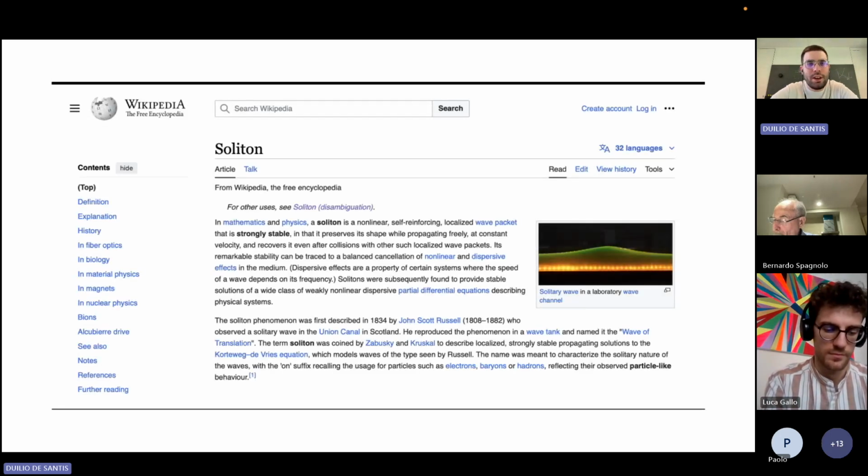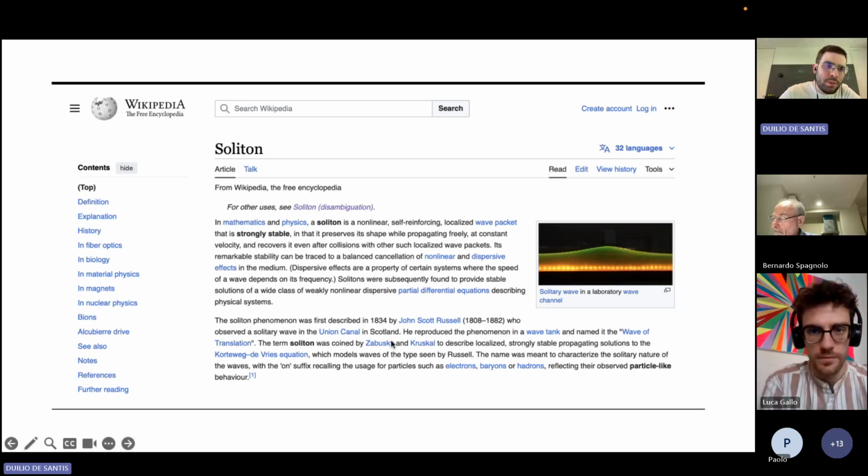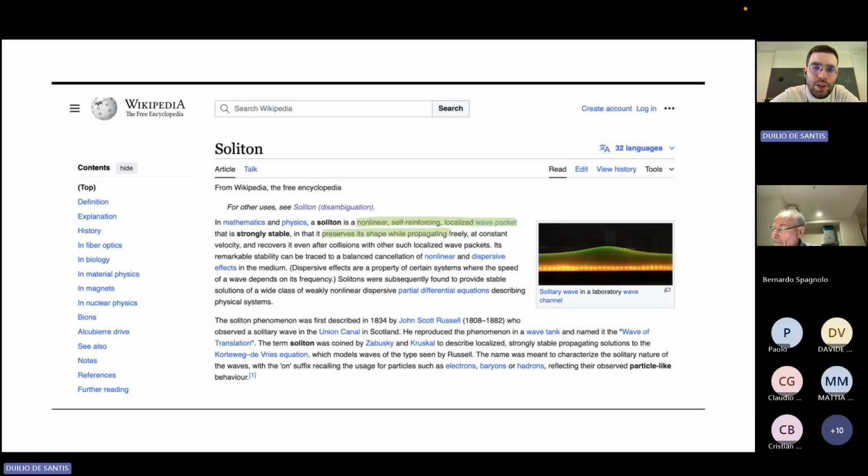So let's start by reminding ourselves what a soliton is. According to Wikipedia, a soliton is a nonlinear and stable wave, which has the remarkable feature of preserving its shape while propagating.